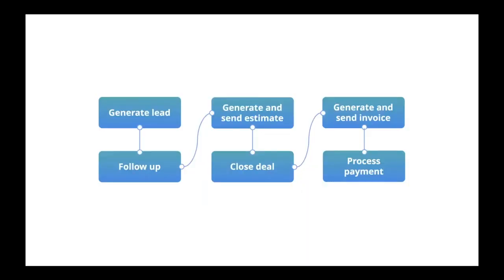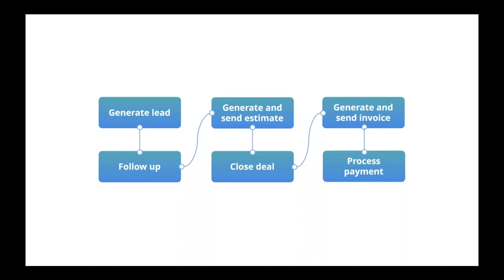So this is a little diagram of a very basic way of looking at going from lead to cash, right? So you've generated a lead, and we can help you do that. We have a website builder, we have an e-commerce tool that allows you to build a shopping cart.